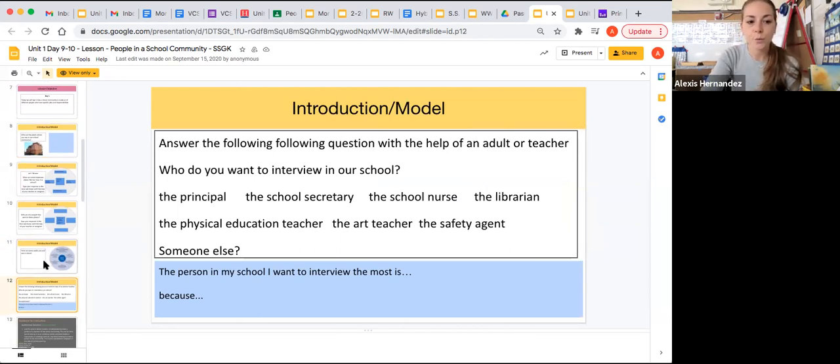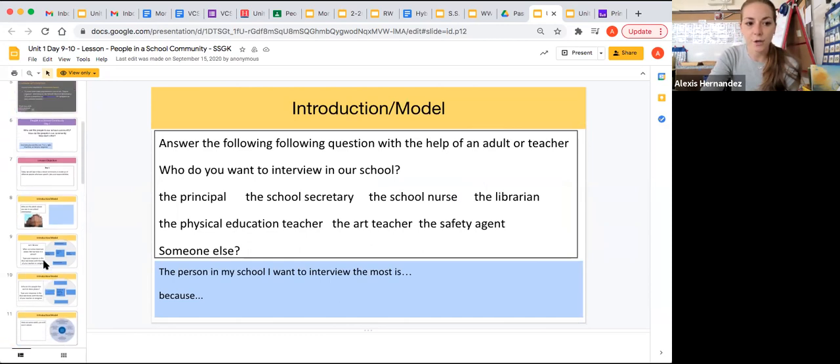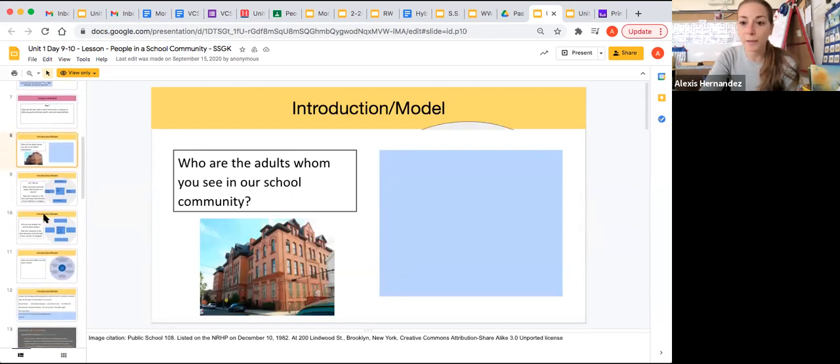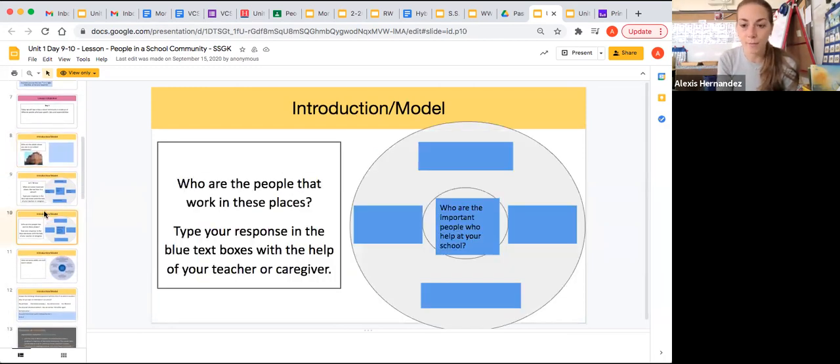So the students are working throughout this entire slideshow and this entire lesson on identifying members of the school community, figuring out the places where those community members work and what they do.